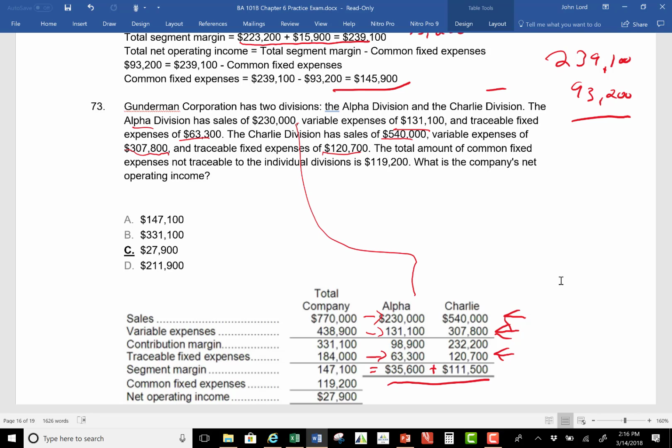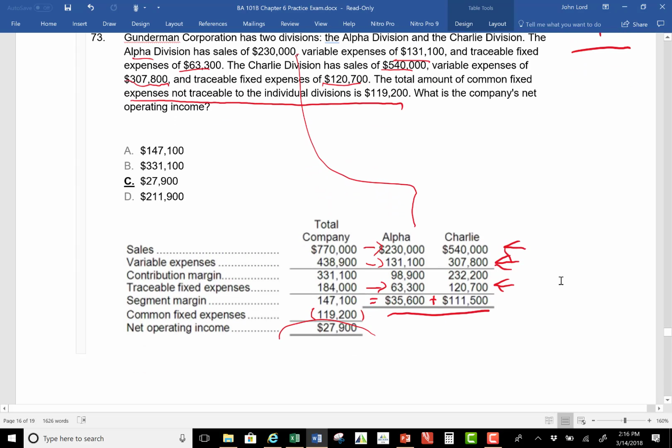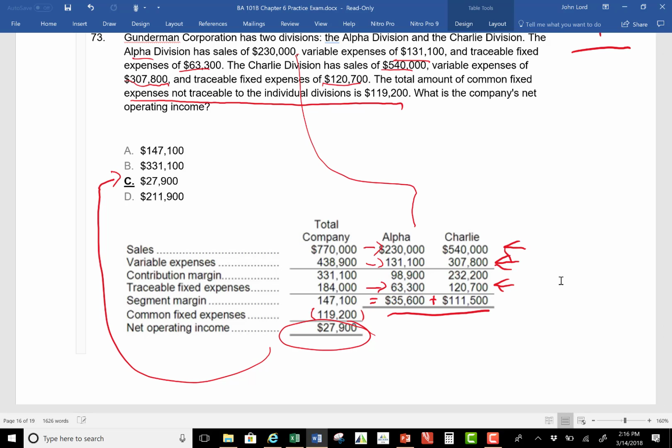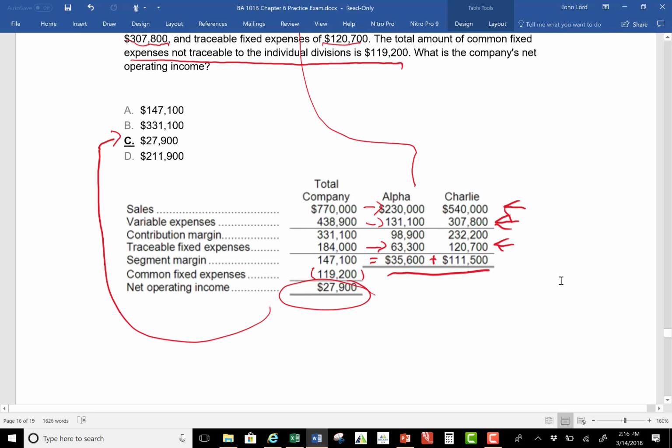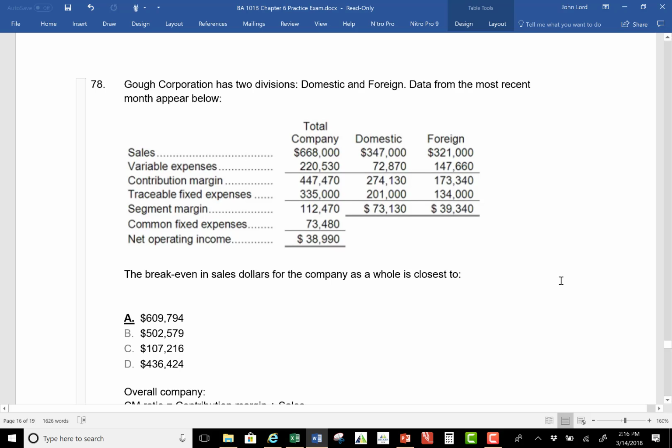Then they tell me the expenses not traceable are common, aren't they? So I subtract that off, and that gives me the overall operating income of the company. Just a few questions testing our understanding of how we treat traceable costs and how that relates to the operating income of the company.